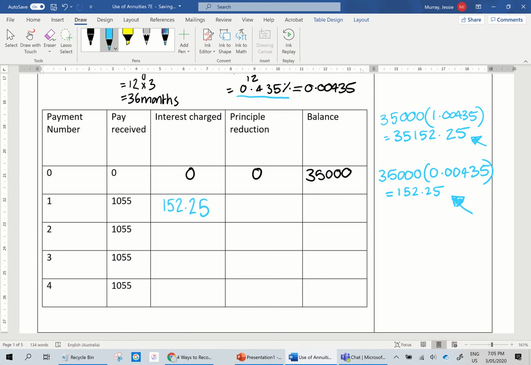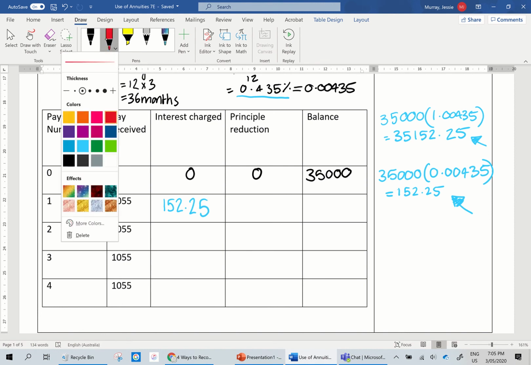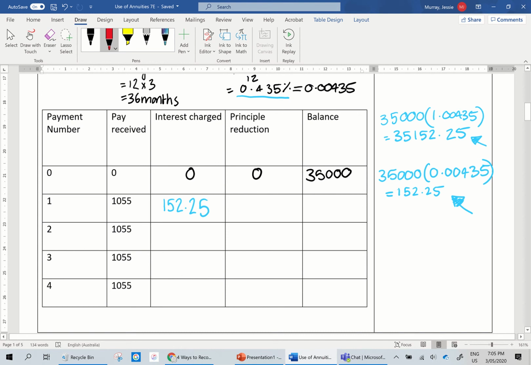Now, the principal amount is what you have owing on the loan. Okay, so that's the principal amount. So it's saying, well, what is the principal reduction? Now, this is an interesting one. I have a loan for $35,000. I'm then charged $152.25 in interest. But then I make a repayment of $1,055.